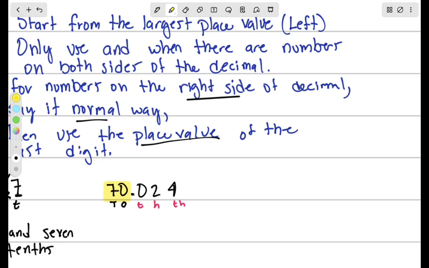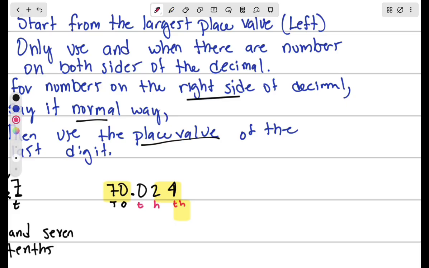There you go. And then, all right, so we said 70, and then it says, for numbers on the right side of the decimal, say it regular. Just say the numbers regular. So what number would that be? All right. But then use the place value of the last digit. What you going to say? All right, so now put it all together.